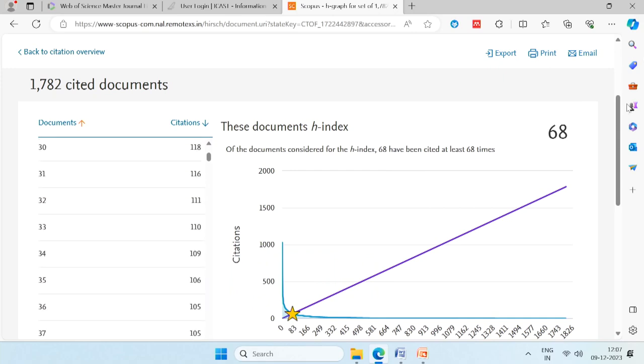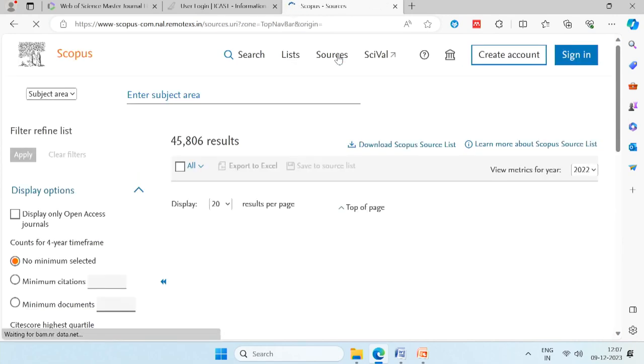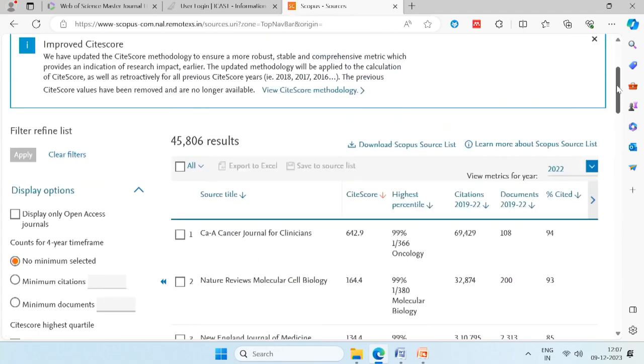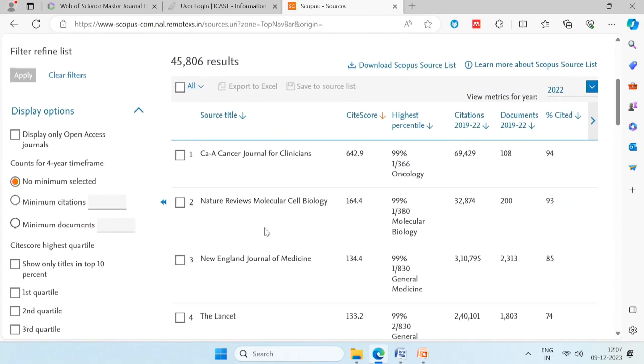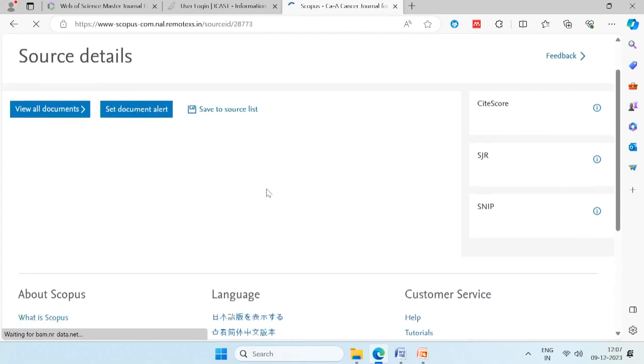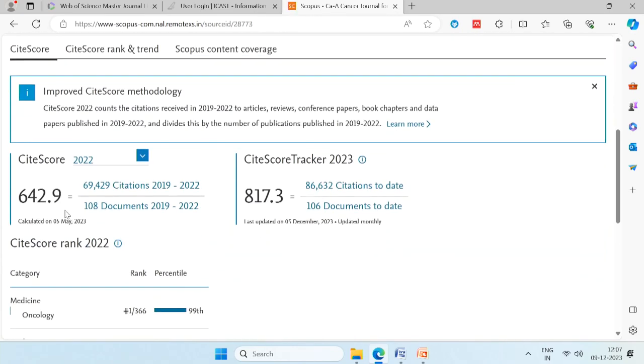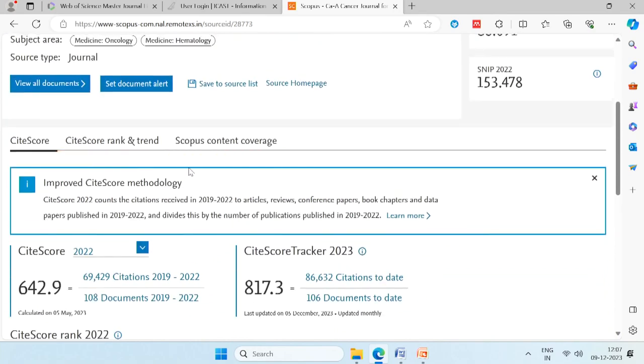Okay. This is how we can compute these various metrics, and for knowing this publication, the journal based metrics as I demonstrated earlier. So, these are the various journal based metrics: number of citations, percentile, Q1. For example, this particular journal is a Q1 journal in the medical field.